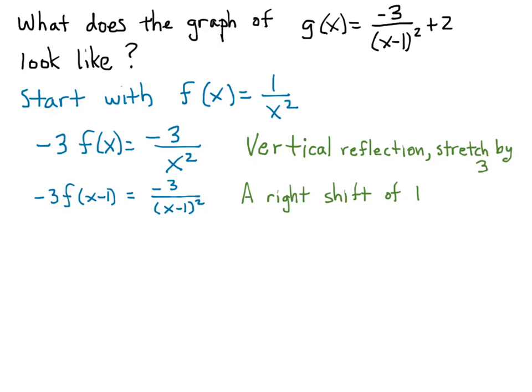And so we take x minus 1, and what we get is a right shift of 1. When we have x minus h as the expression, it goes to the right by h units with that negative sign, so we're going to expect that this thing, already upside down, is going to shift to the right by 1.